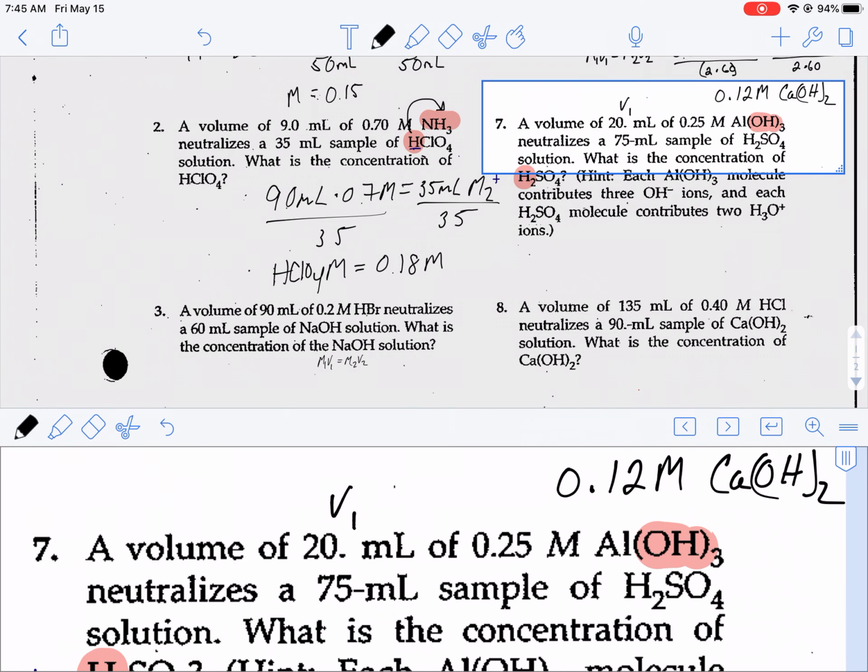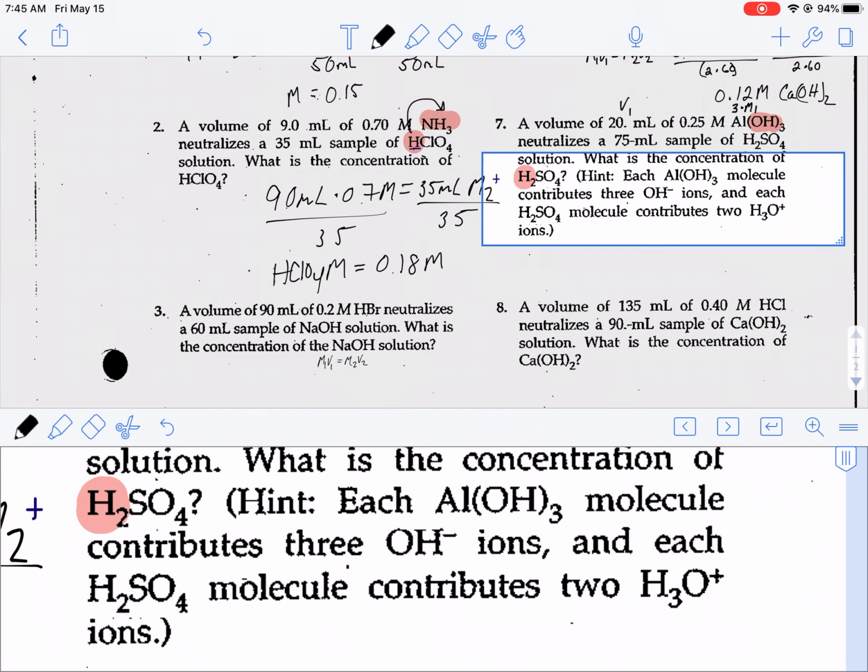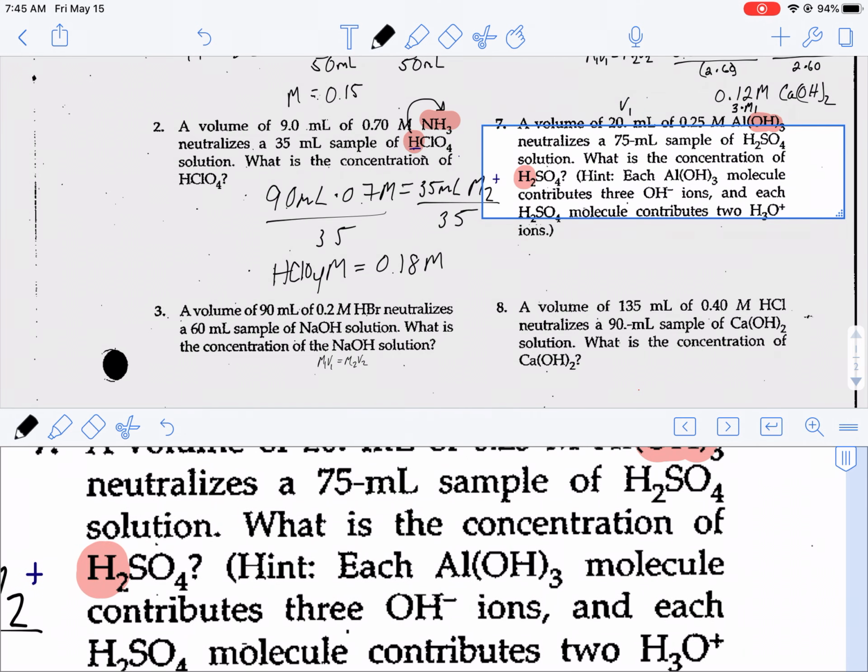Here's my V1, here is my M1, but because it's OH3, it's going to be 3 times M1. Then I'm going to go to my H2SO4, and I have 75 milliliters. This is going to be my V2, but because it's H2, it's going to be 2 times M2.